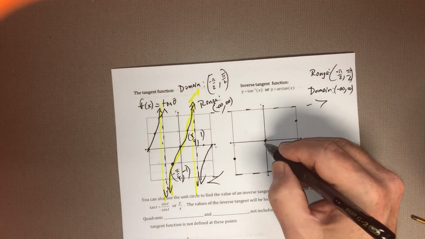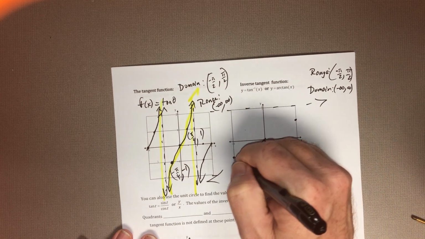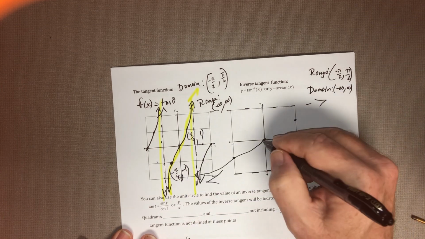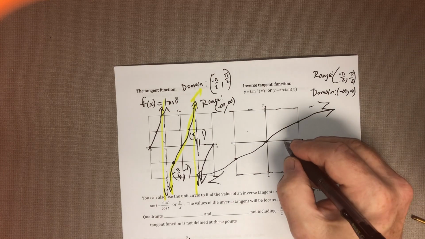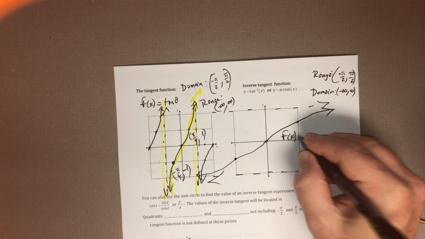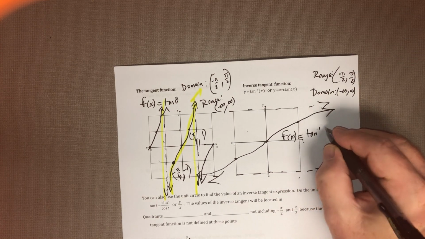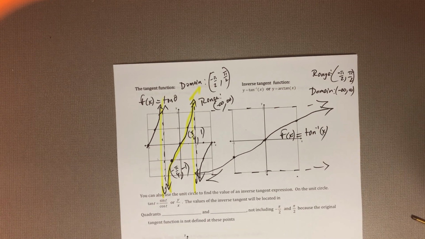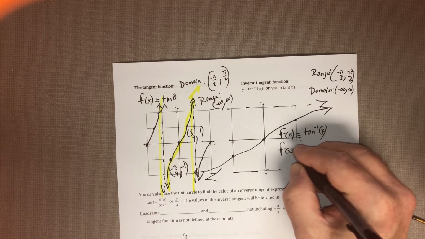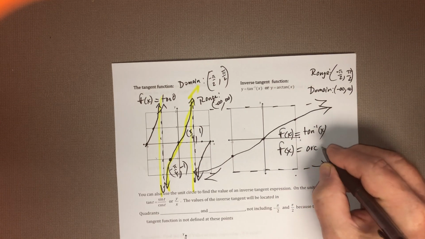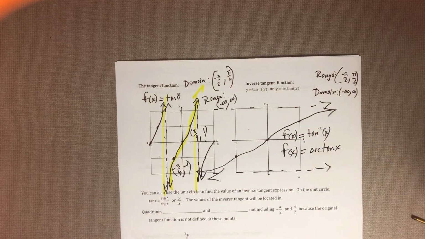So that graph is going to come off of here, come down through here, and approach that like that. It's going to do the same thing over there. It's going to look like that. So that is the graph of f of x equals the inverse tangent of x. You may say f of x is equal to the arc tangent of x, which is the inverse tangent of x.